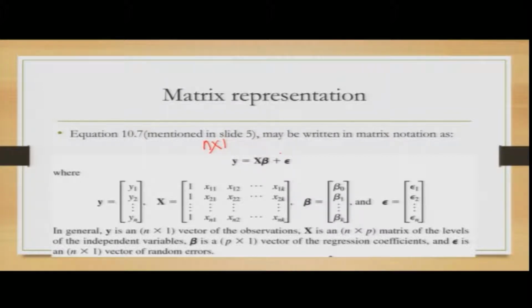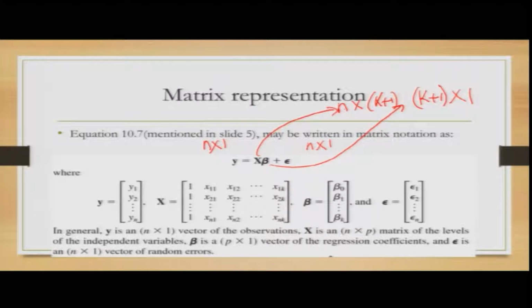This epsilon, I am just for the time being skipping x into beta, I will come back within a few seconds. Epsilon is of size n cross 1. So, obviously, if you have n cross 1 on the left hand side, you should have n cross 1 on the right hand side also. So, this x into beta should also be of the size n cross 1. Now, in this case we already have beta as k plus 1, because there are k plus 1 terms, beta naught till beta k, cross 1, and the value of x obviously would be n cross k plus 1.